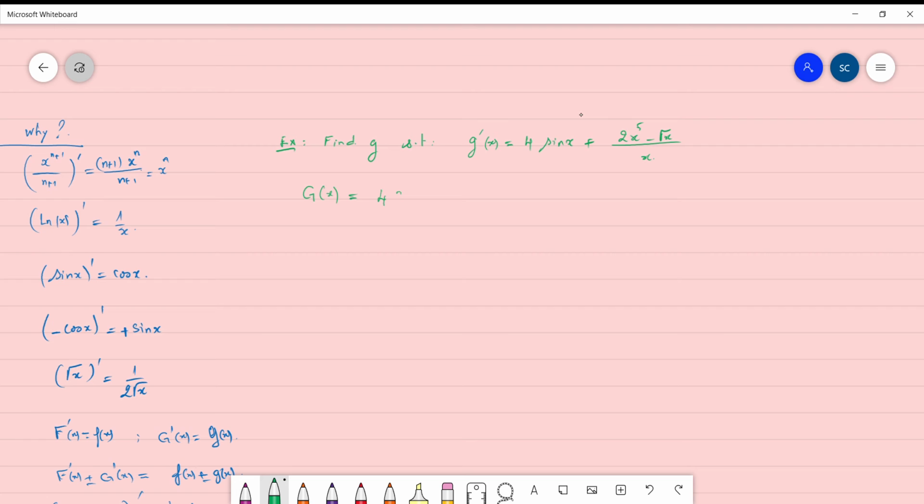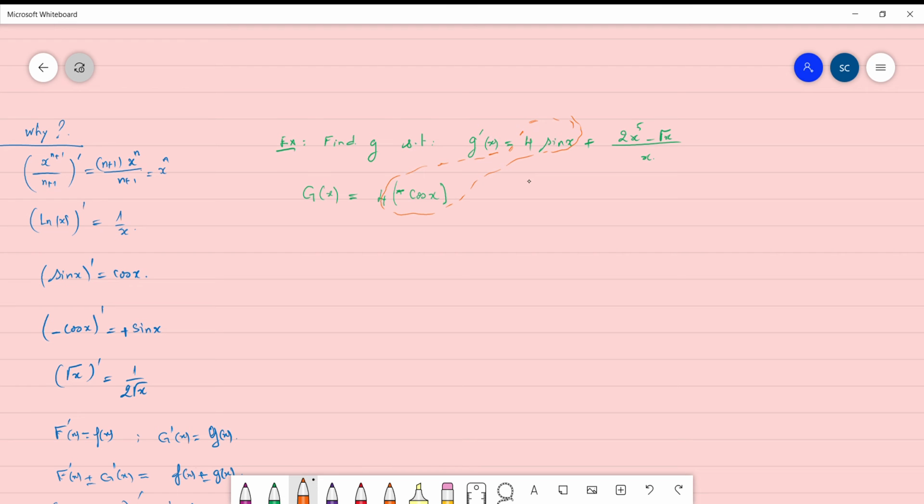No, not cosine, it's minus cosine x. Remember, because the derivative of minus cosine equals sine x. So we are treating this first term.